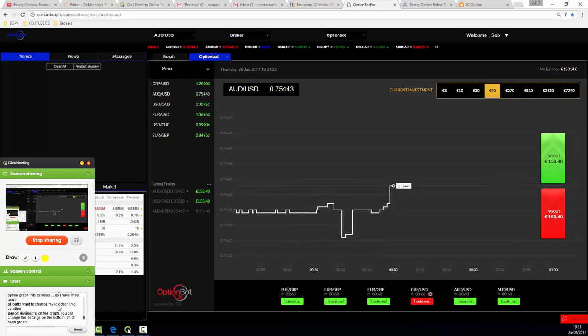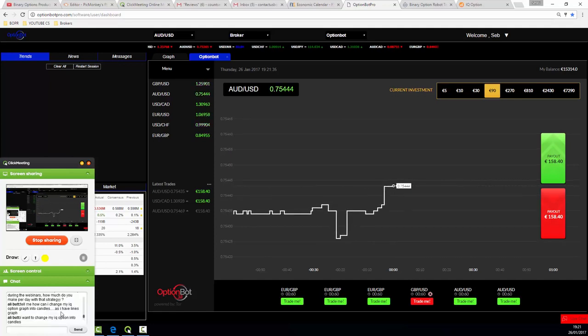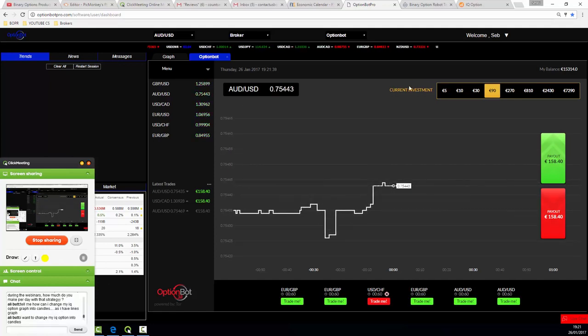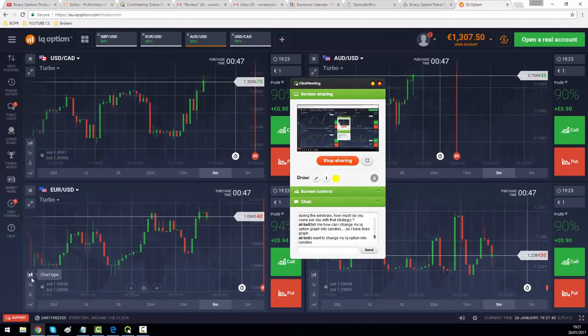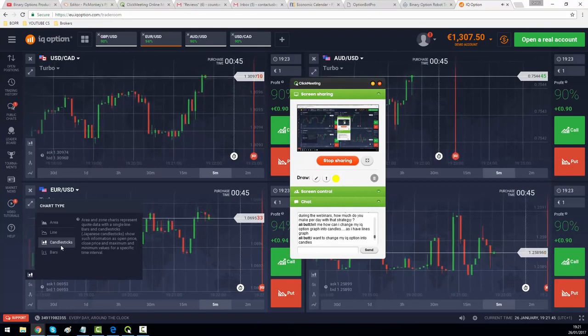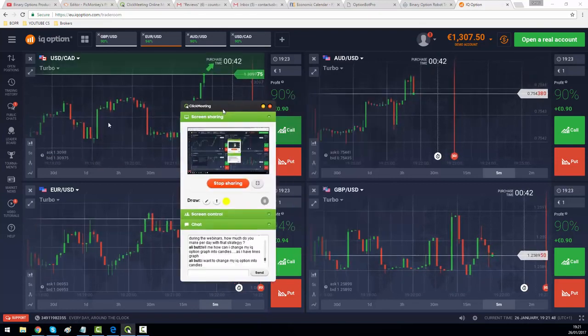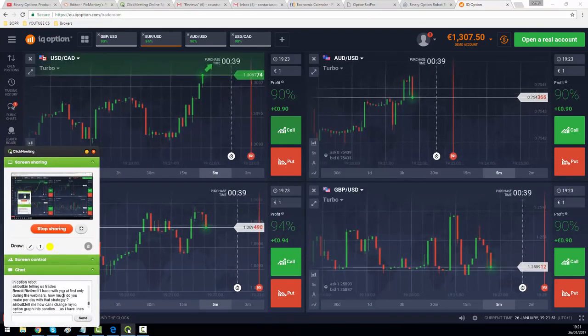Oh, hang on. People are asking me questions. Tell me how I can change my IQ Option graph into candles as I have lines. You go to IQ Option, go to the bottom left, go to chart type, and click candlesticks. Next question.